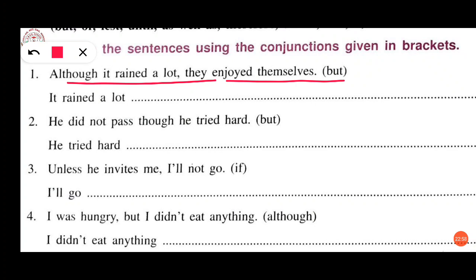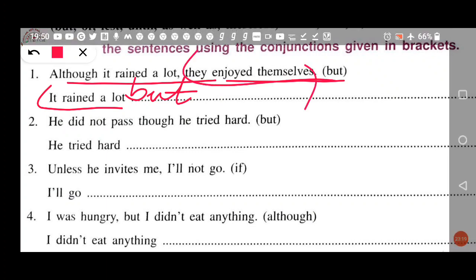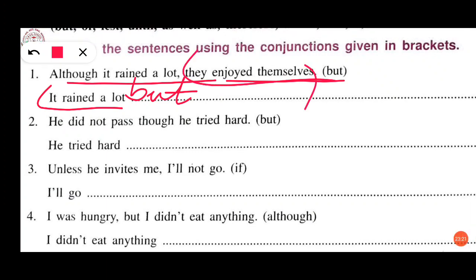And in brackets, but is given. So you have to use but for joining this sentence. Starting words are given, that is, it rained a lot. What you can write? It rained a lot, but they enjoyed themselves.